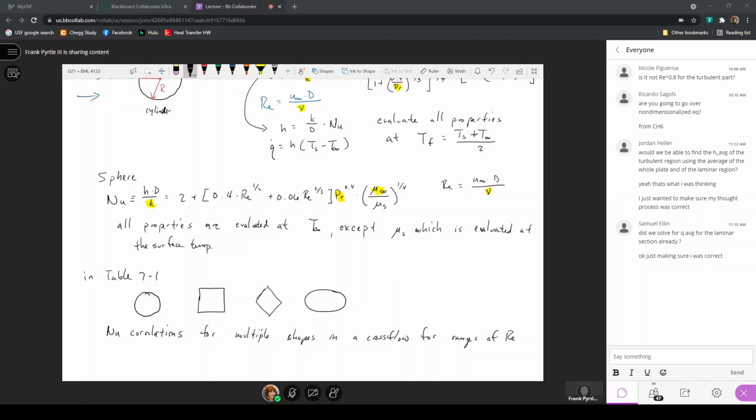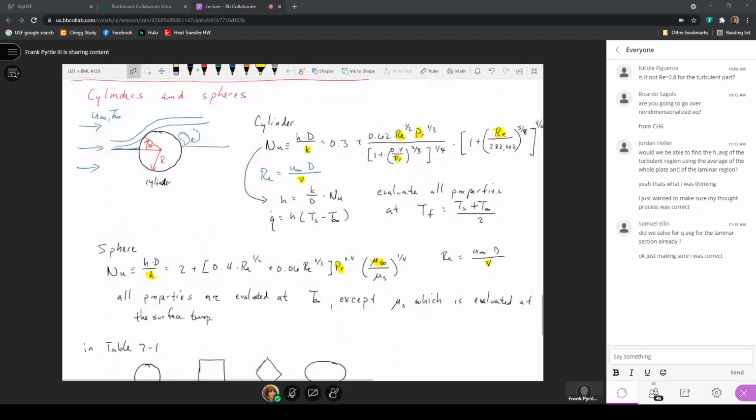Typically, if you're dealing with a cylinder in a cross flow, this expression for the Nusselt number is the one that you would use. But this only applies to a cylinder, and this correlation only applies to a sphere.